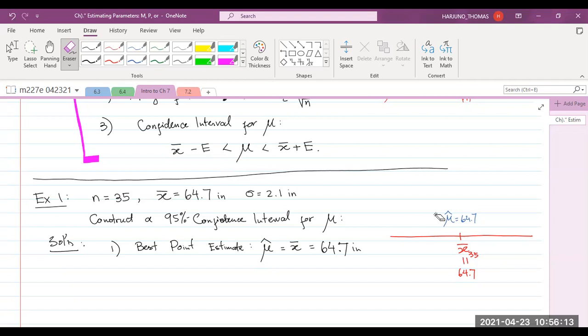My wife is not perfect. And I'm sorry, she's not the most beautiful girl in the world. But why did I marry her? Because she's the best I can get. That's what we mean by the best point estimate, not perfect point estimate. She is my best point estimate. Why? Because if I can choose only one person, she's the best choice I can get.